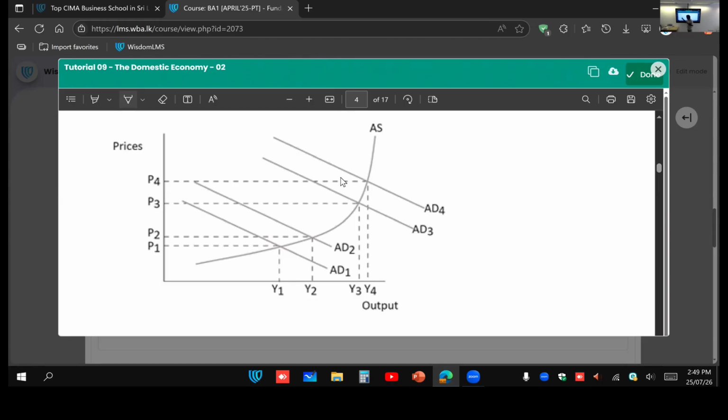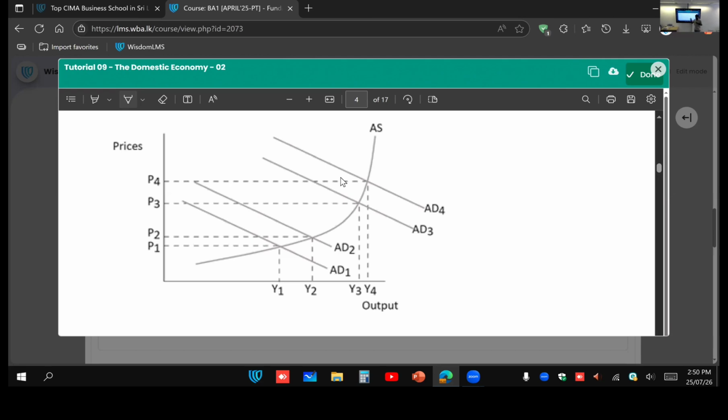Is it? Price change is small, whereas change in output is big. If you are the government, is that good or bad?